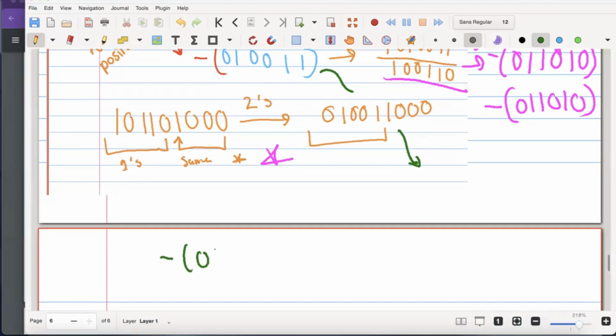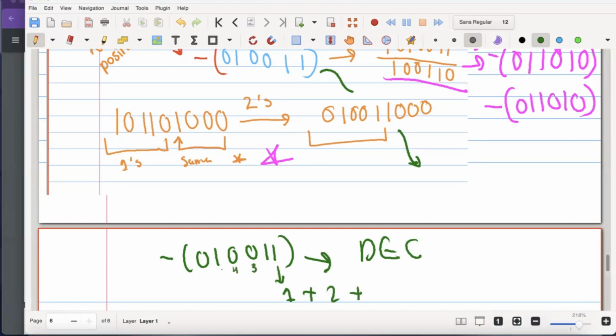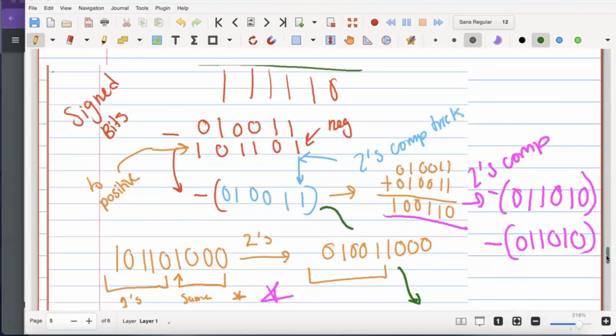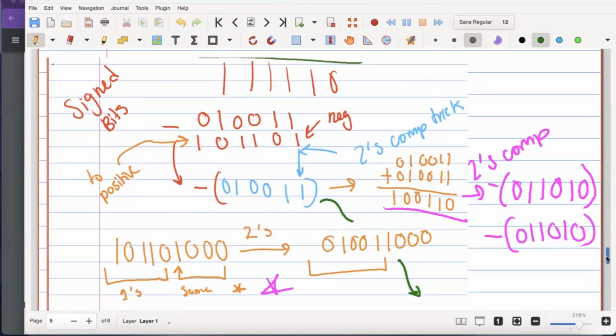We have negative 0, 1, 0, 0, 1, 1. What do we do? This is 1 plus 2 plus, the fifth term is 16. So that's negative 19. And what was the number above it? This number is 0, 1, 0, 0, 1, 1.